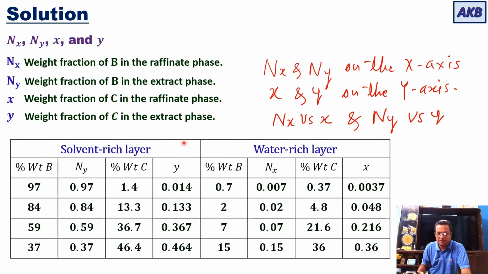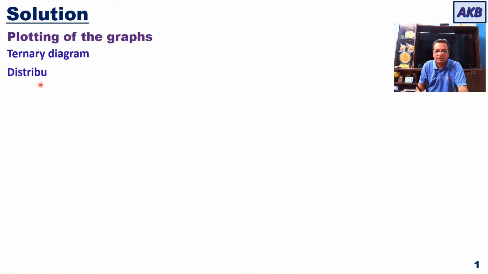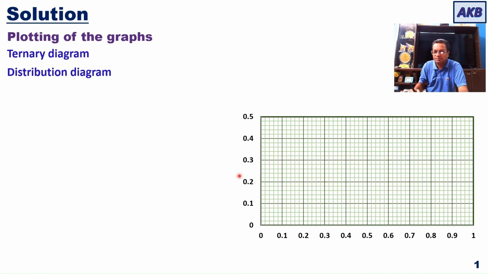Okay, now let us plot the curve. After getting the required data, let us plot the graphs. We will be plotting two graphs. One is the ternary diagram, and the second one is the distribution diagram. For plotting the ternary diagram, we will be plotting Nx and Ny on the x-axis and x and y on the y-axis.